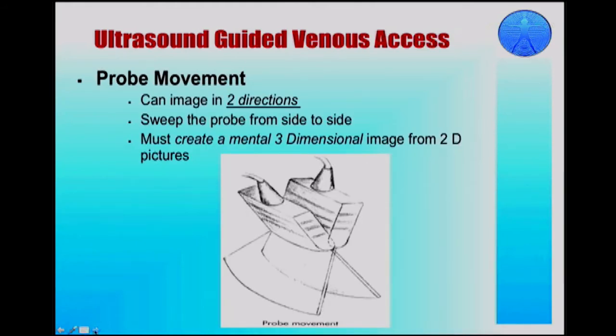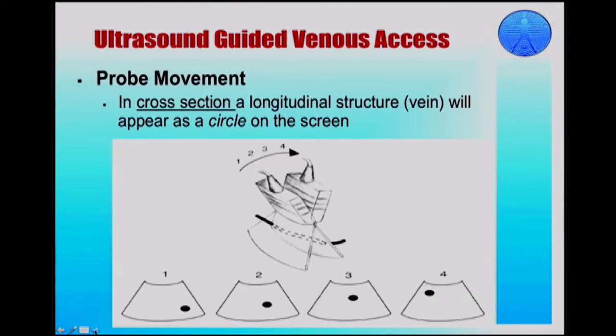Now, probe movements are very, very important. Generally, when we're looking at an ultrasound created image, we're looking at a 2D image, so depth and length or depth and width. So you have to pan the probe side to side or up and down to create that 3D mental image. In cross-section, if we place our probe across a vein, we'll see a cross-sectional image, and when we do that, this vein looks like a circle.